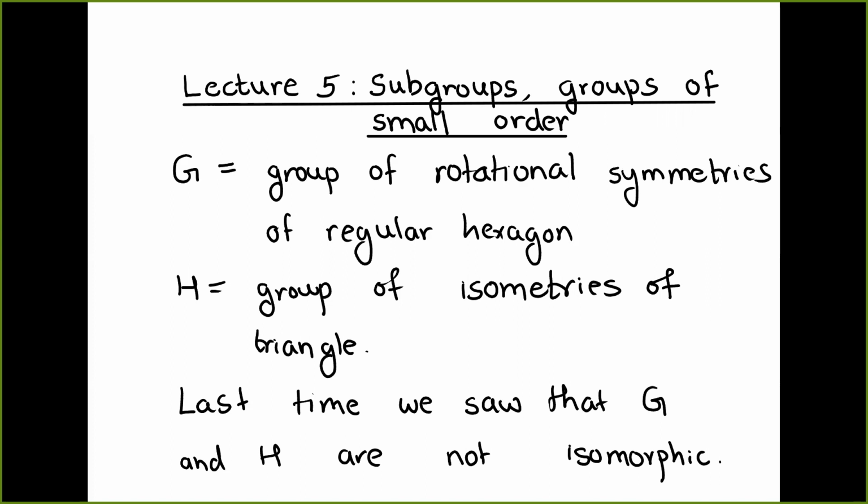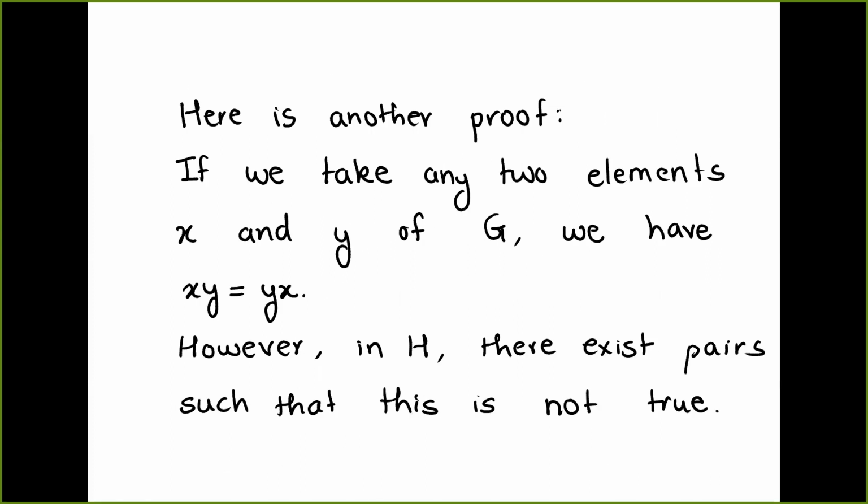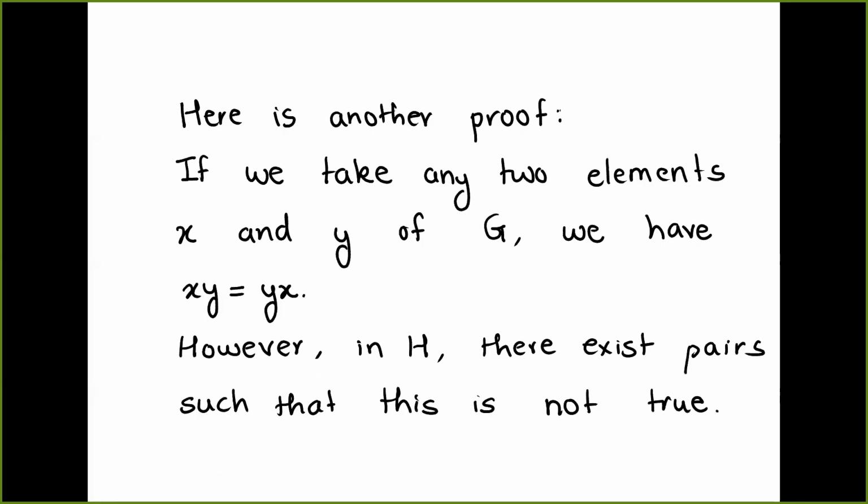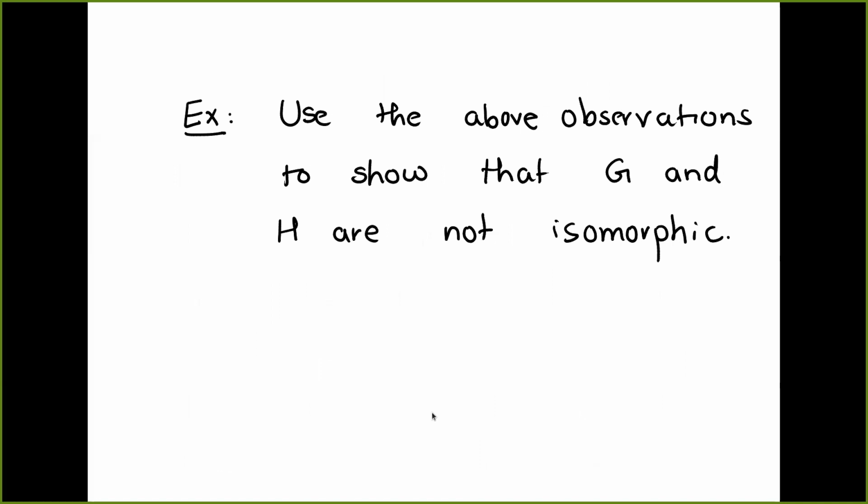So since these two groups have these different properties, one can use that to prove that there is no isomorphism from G to H. I will not actually write that out explicitly. We wrote out the proof explicitly last time. This time I will leave it to you as an exercise. Use these two facts to prove that G and H are not isomorphic. So there is no isomorphism from G to H.